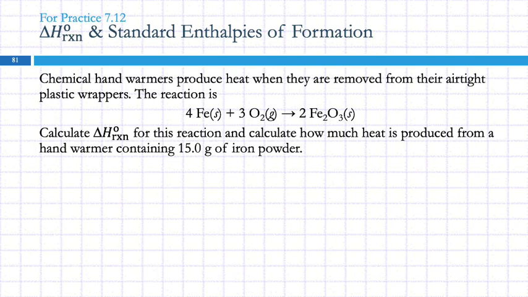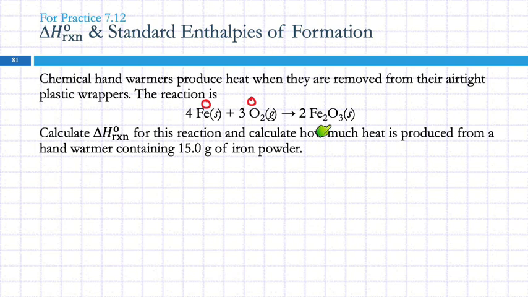Well, let's do the first one first. Calculate delta H. We need to find the standard heats of formation for all the reactants and products. Well, look, the reactants are both elements in their standard states, so those are both 0.